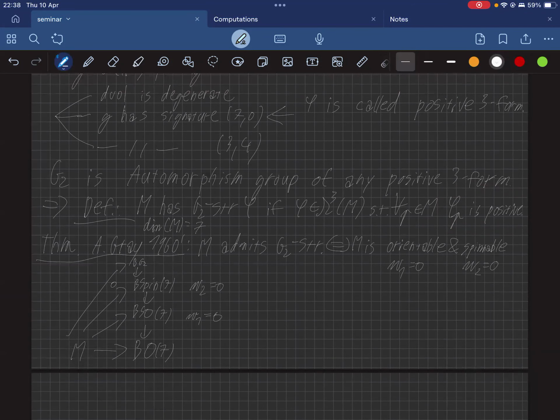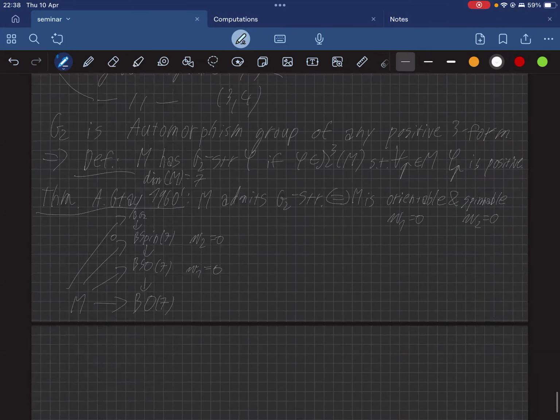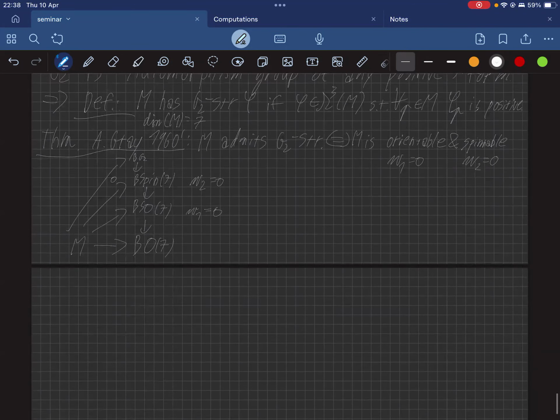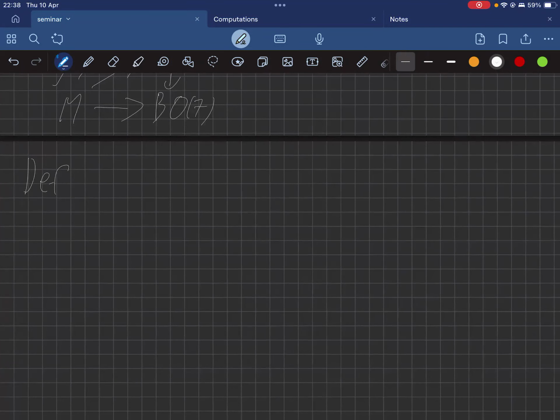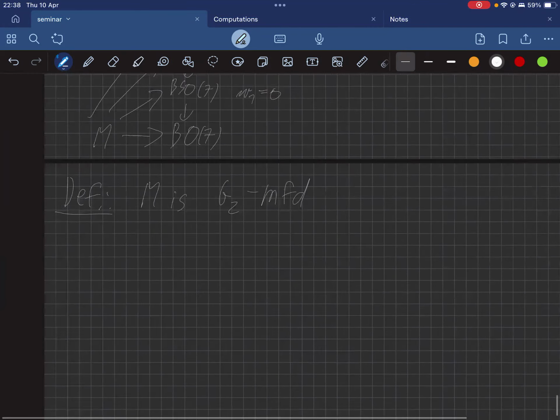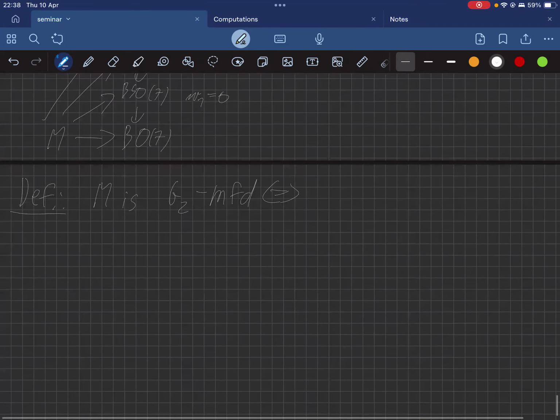All right. If there are no further questions, let's get to the G2 manifold. The definition: M is a G2 manifold if and only if the holonomy group is inside G2. That's not surprising.